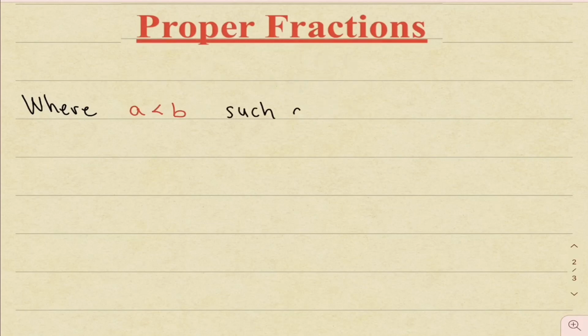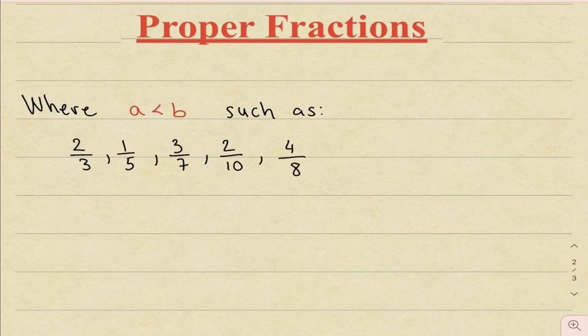Proper fractions can be 2 over 3, 1 over 5, 3 over 7, 2 over 10, 4 over 8. As you can see here, a is always less than b. So any positive proper fraction is always less than 1.